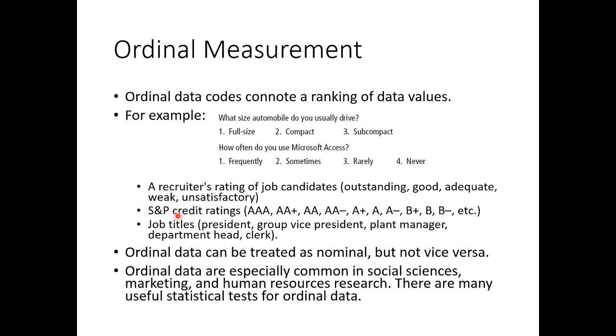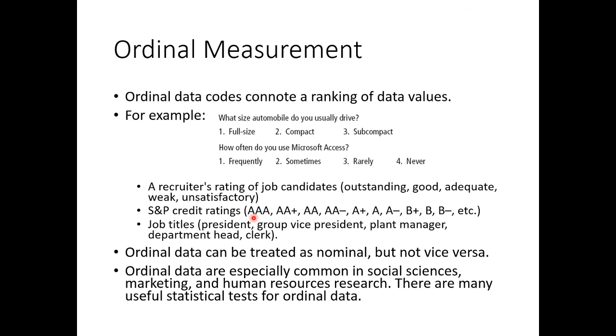The S&P credit rating, the Standard & Poor's credit rating, is an important ordinal measurement example. The Standard & Poor's rating company gives a credit rating for each corporate bond and each firm.